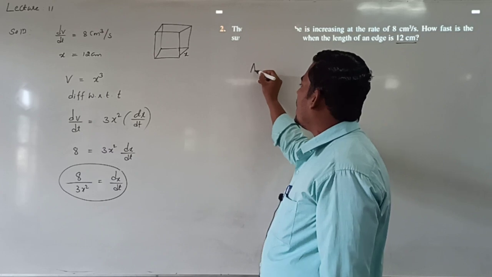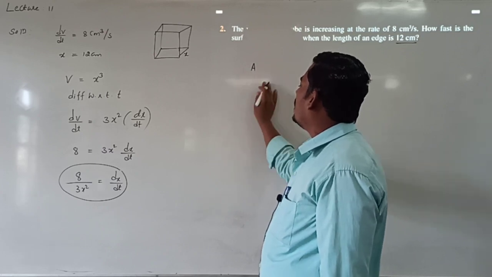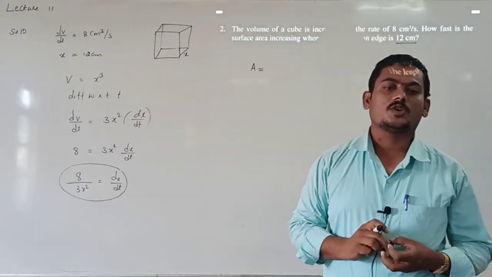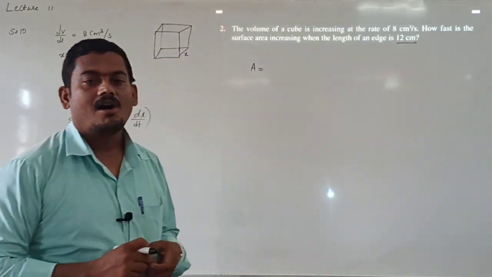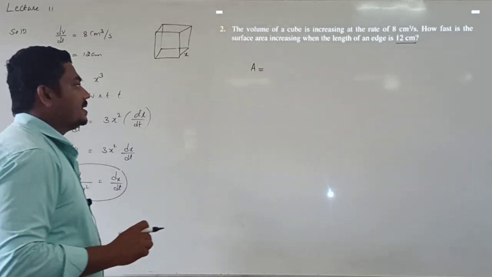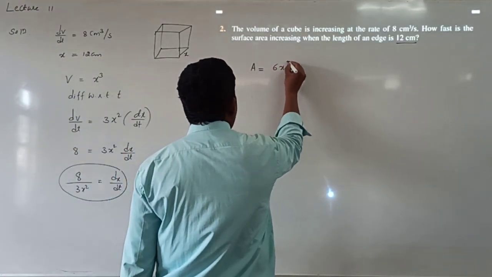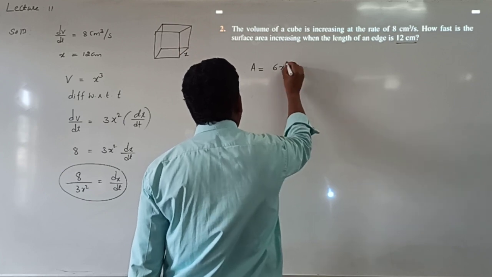Surface area A of the cube, either you can use S or A, is equal to 6x square, right?